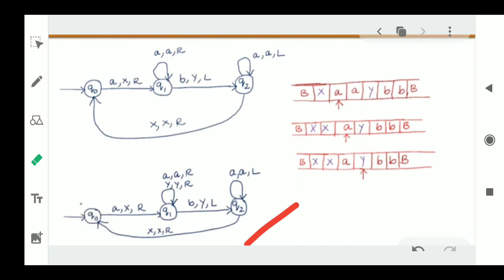We will come back until we see the symbol capital X. Once we see the capital X, again we will start moving in a right direction, and if any A is encountered, we will replace that A with capital X, and we will continuously keep on moving to find the symbol B. If one more B is found, replace that B with capital Y and come back again to find one more small a.